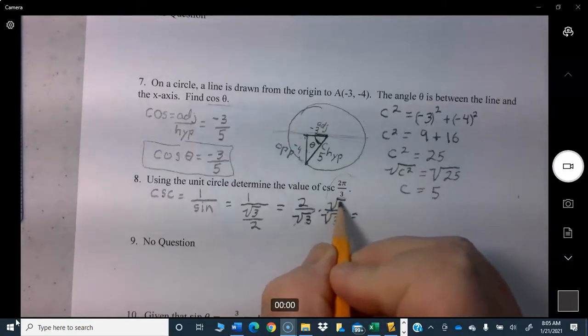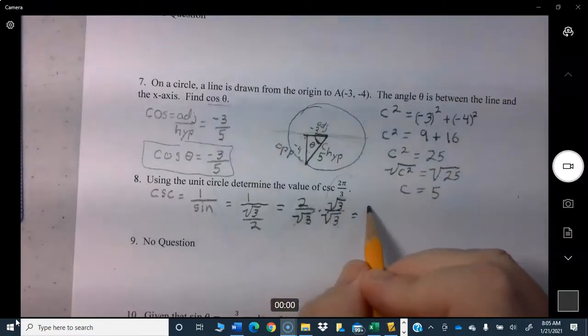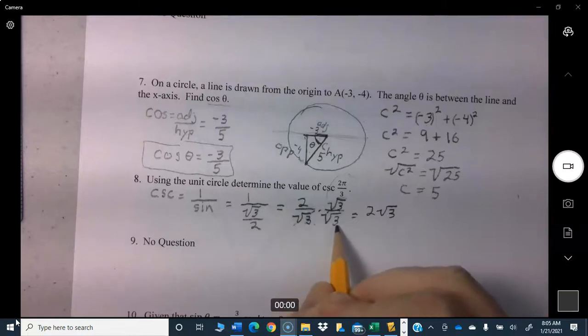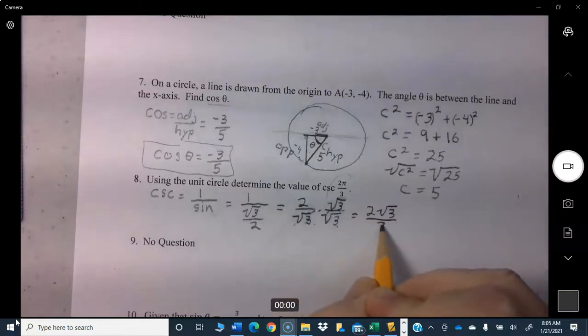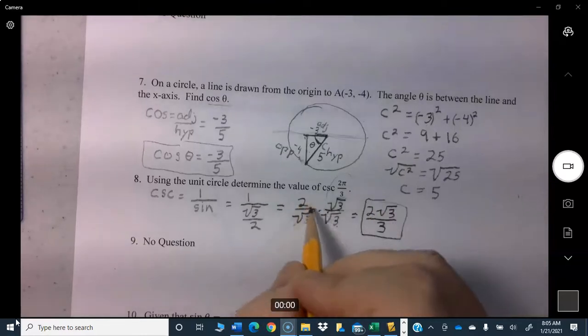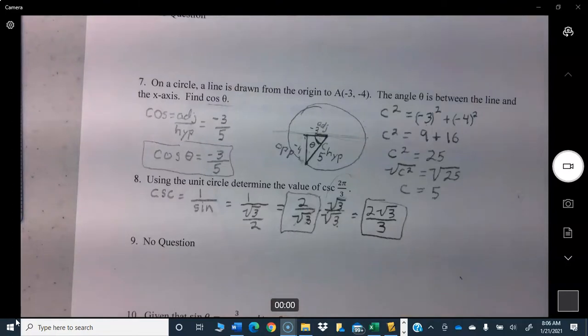They would cancel, but that would put us right back where we started. That's not what we want. So now it's 2 times the square root of 3 on top, and square root of 3 times square root of 3 simply equals 3. So that's your final answer. Or I will take what you got there as well. All right. There we go.